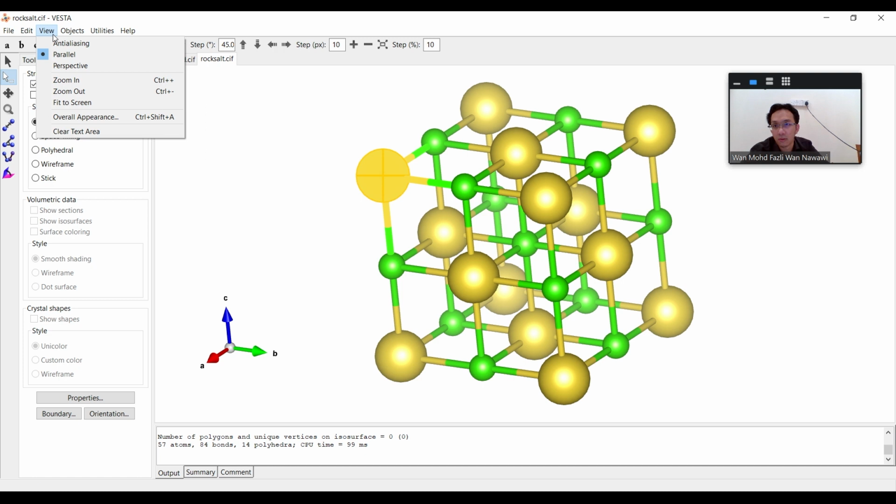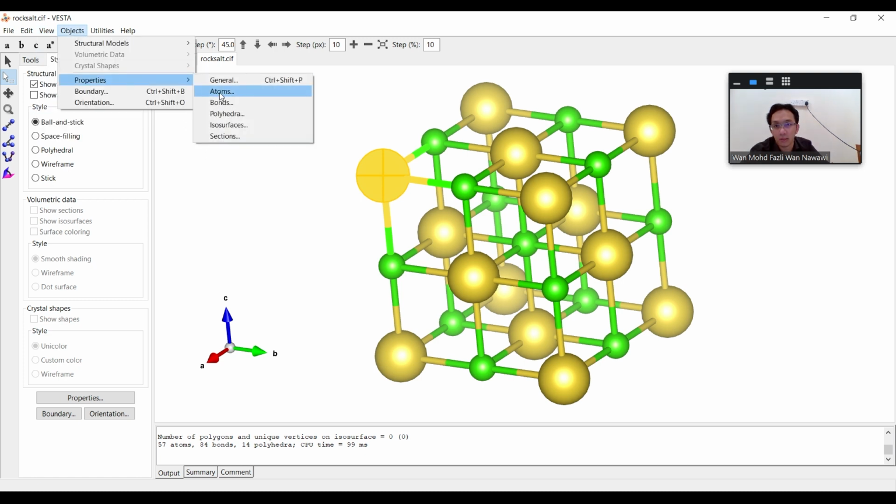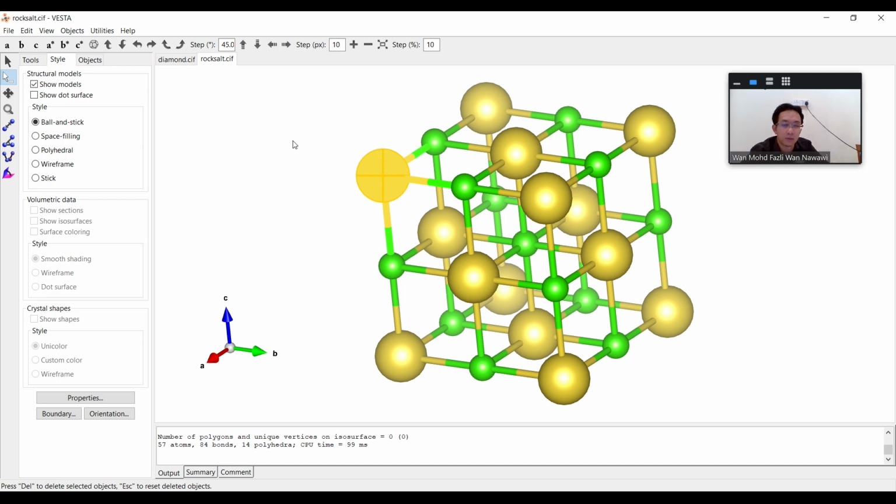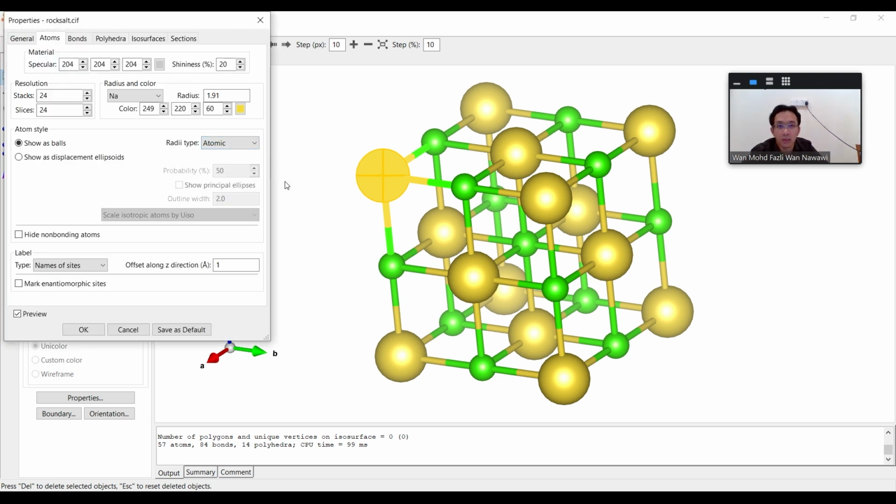View object properties, atoms. I don't know how to view this, but okay. So you can see, the other way around, sodium is in the yellow color.